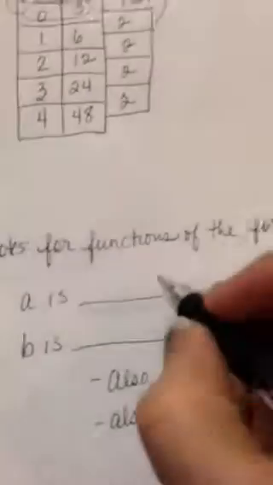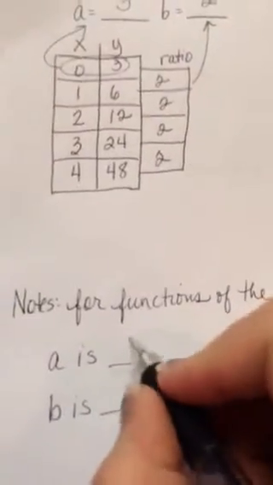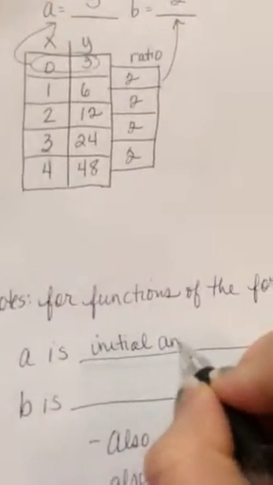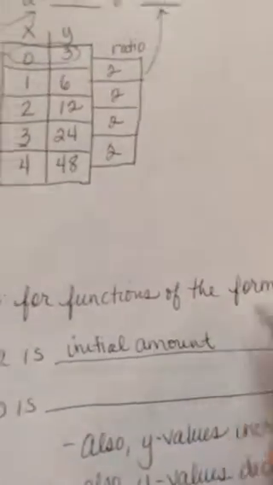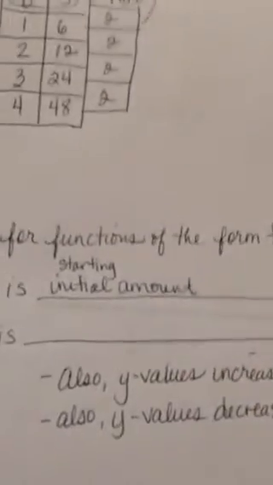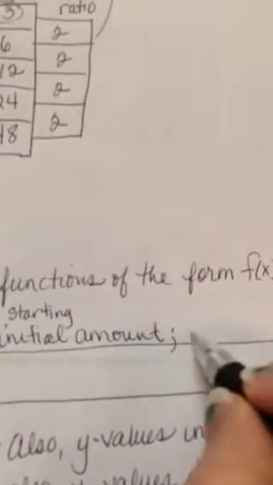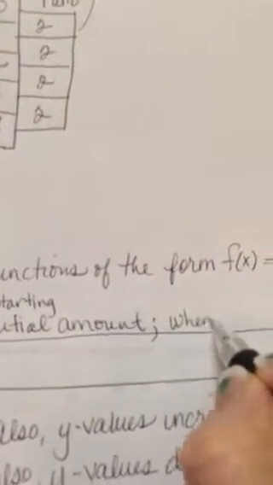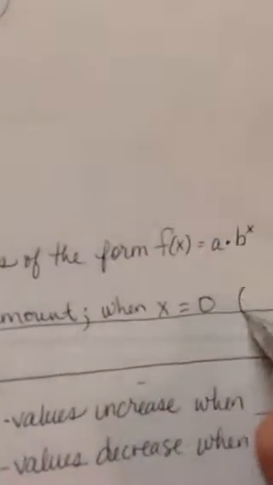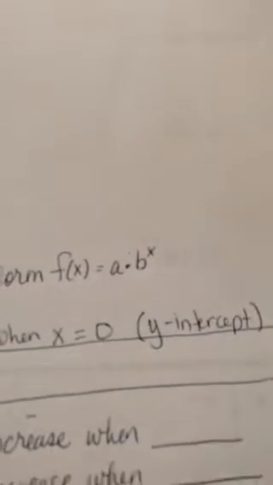We're going to call a the initial amount, or starting amount. Okay? And in the table it's when x equals 0. Hopefully you also realize that when x equals 0, that point on the table is called the y-intercept. Okay?